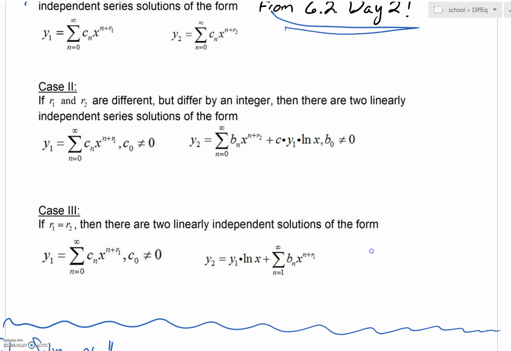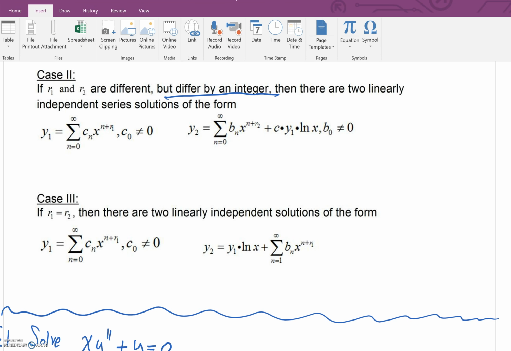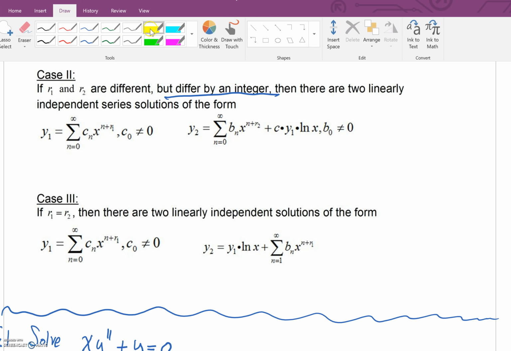But there are two more cases that we're going to investigate, and for these two cases, this is going to be quite a switch. Let's say r1 and r2 are different, but they differ by an integer. In other words, you subtract your r's and you get an integer. Then you get two linearly independent solutions, but look at the second form here. That might be the big surprise.